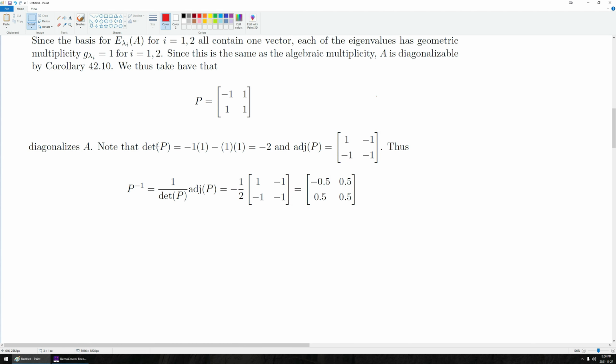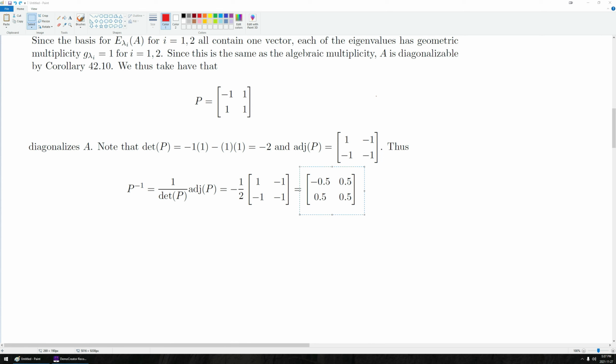So here, the determinant of P, well, negative 1 times 1 minus 1 times 1, just negative 2. And the adjugate, well, I flip these two terms, so I get 1, negative 1 here, and I negate the off-diagonal terms, giving me negative 1 and negative 1. So using the fact that P inverse is 1 over the determinant times the adjugate, it's simply this single matrix here.